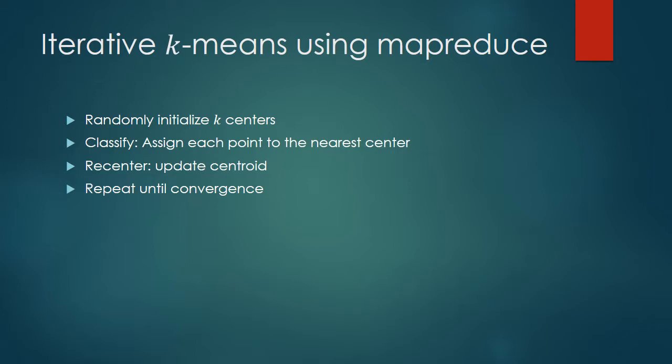So every single map task is going to get these values for your K centers, and it's going to take each of its data points and assign them to the appropriate cluster. We then recompute the centroids based on which points got assigned to which clusters, update them, and repeat until convergence.